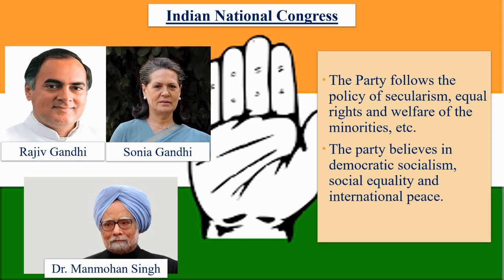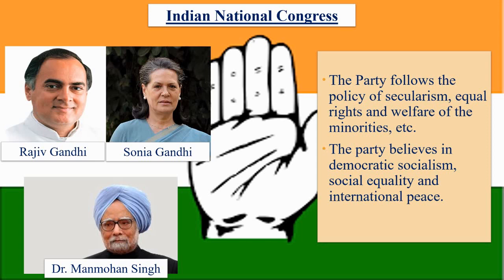Rajiv Gandhi was the son of Indira Gandhi, who took over the post of prime minister in 1984 after the assassination or death of Indira Gandhi. He also was killed in the year 1989. In 1998, Sonia Gandhi became the Congress Party president.